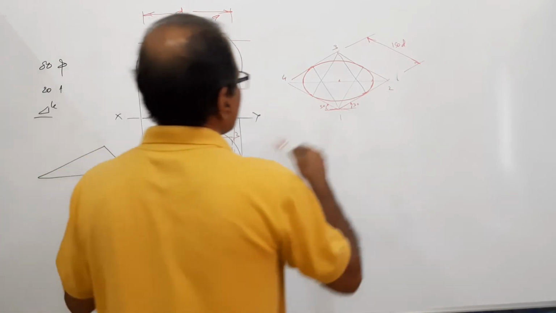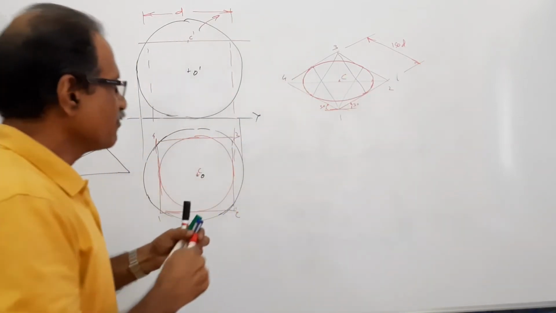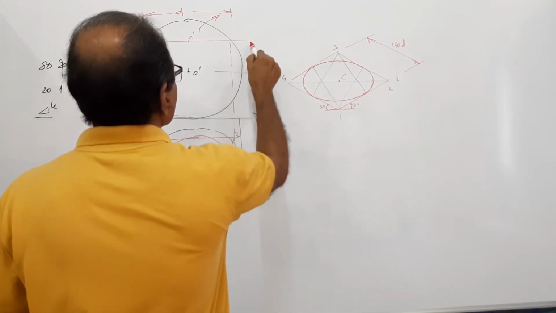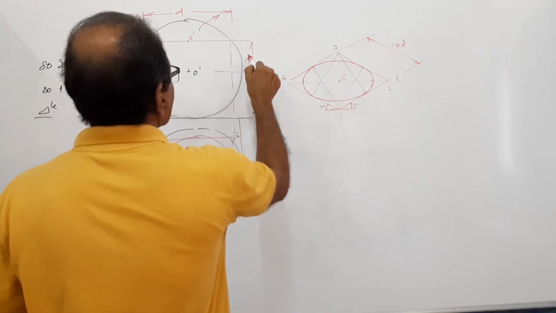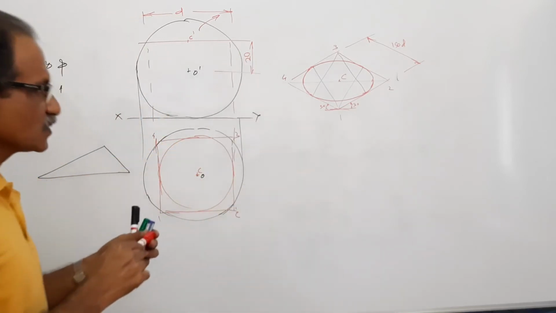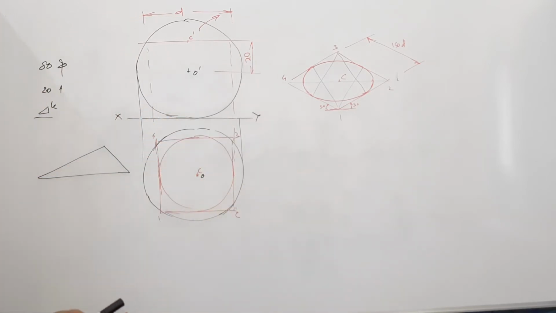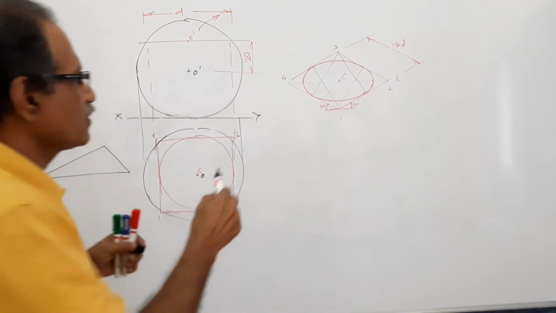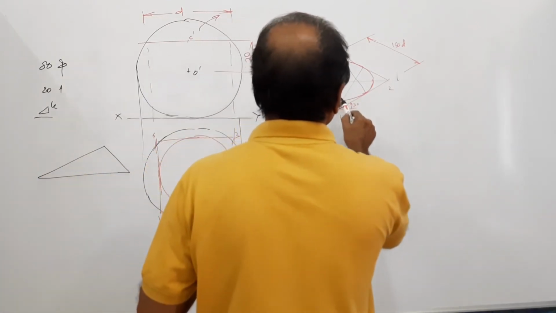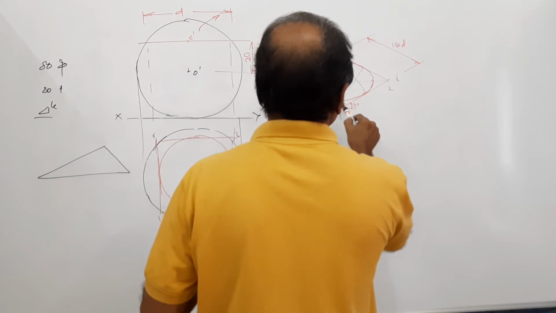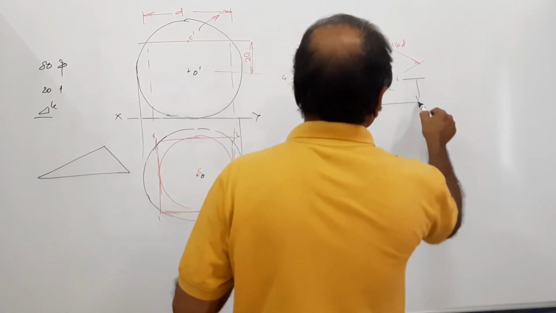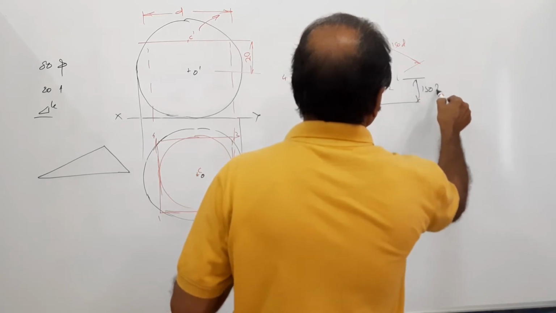This point is C. Where is O? This is the distance of the height of the cutting plane, 20. So, where is O in our case? O is iso 20 below C. Measure iso 20 down. Somewhere here you get O. This distance is iso 20.